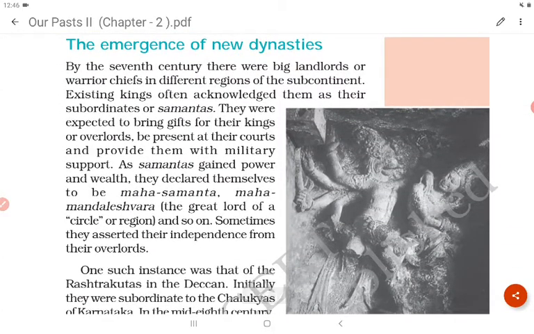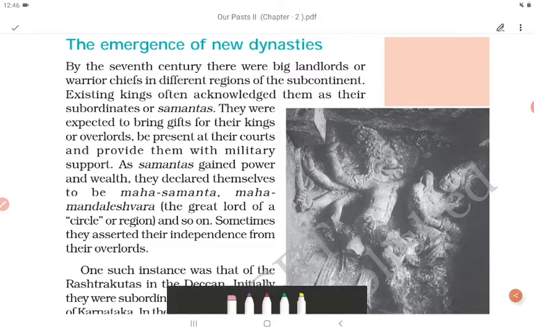Now let's come to the emergence of new dynasties. By the 7th century, there were big landlords or warrior chiefs in different regions of the subcontinent. Existing kings often acknowledged them as their subordinates or samantas.